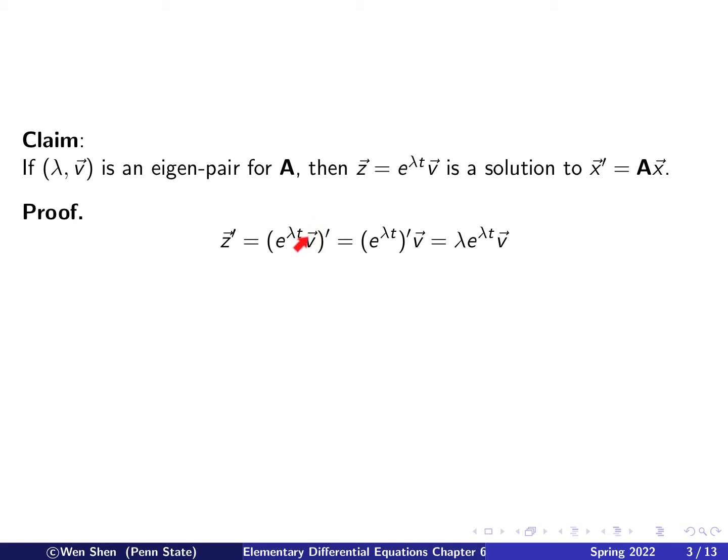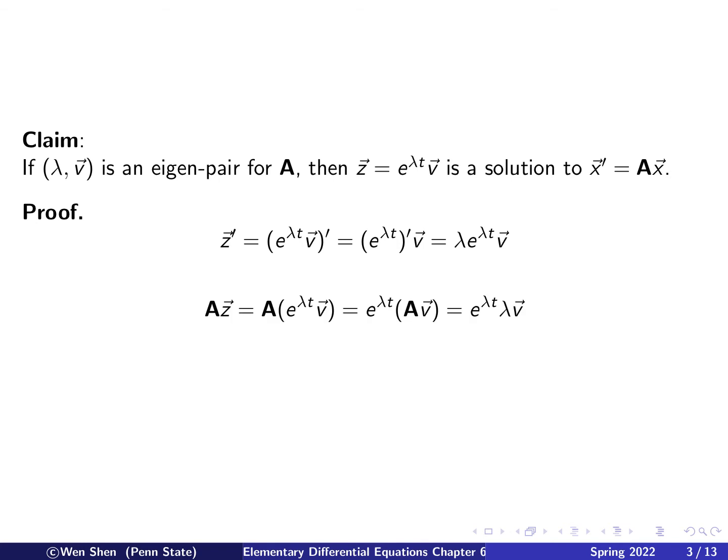The vector v here is a constant vector, so we can take it out, and we just need to differentiate the exponential function. When you differentiate in t, you will just get a lambda in the front. So you get lambda e to the lambda t times v. So that is z prime.